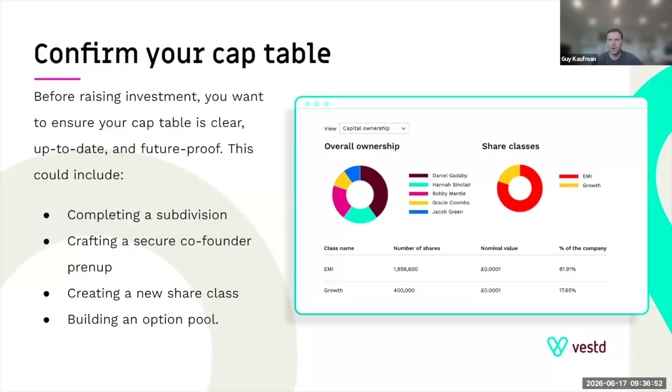I don't know how many people in this room have already raised, or whether most of you are raising for the first time. But either way, there is a lot of value to setting up your cap table, issuing co-founders, employees and advisors with their shares, share options or other equity incentives ahead of a funding round, as opposed to afterwards.